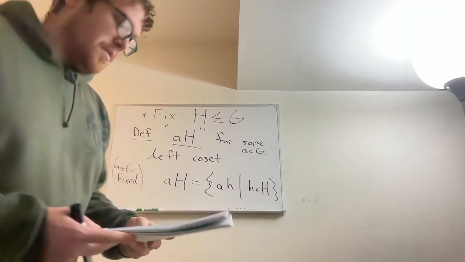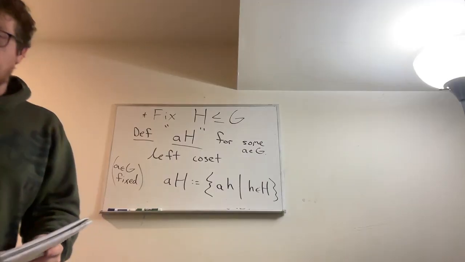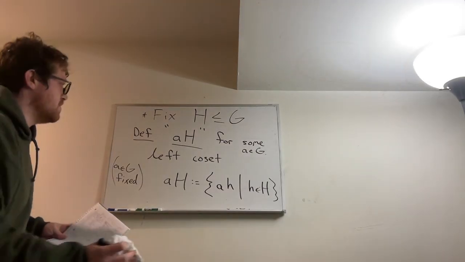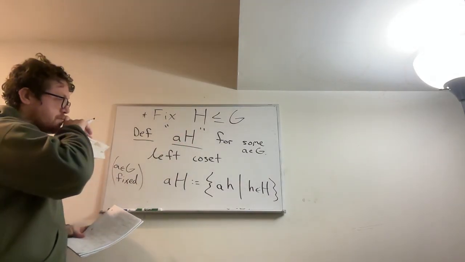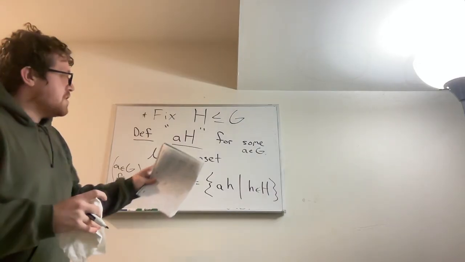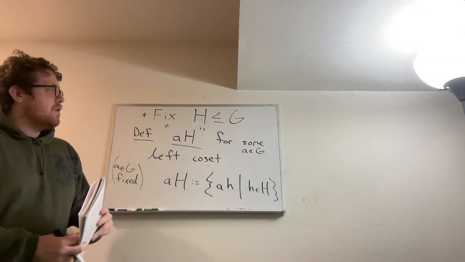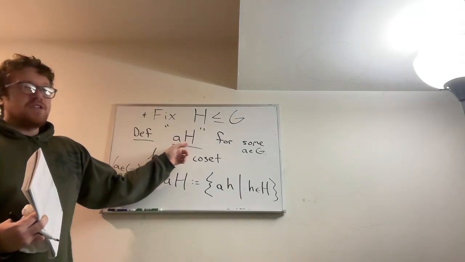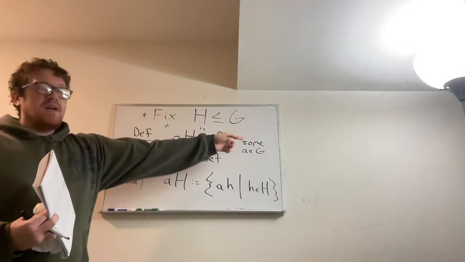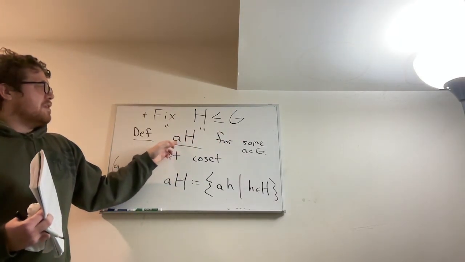So let me make another quick statement about finite groups and the sizes. One thing that's interesting about these cosets is that either aH is equal to some other coset bH.